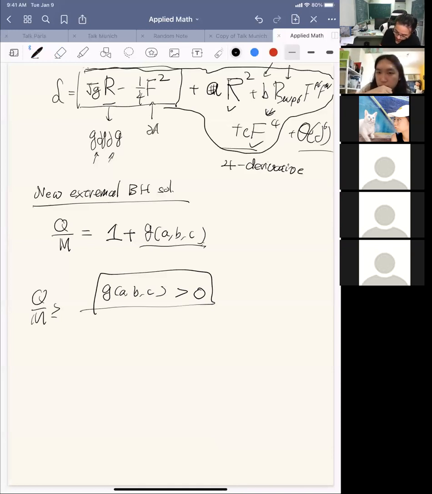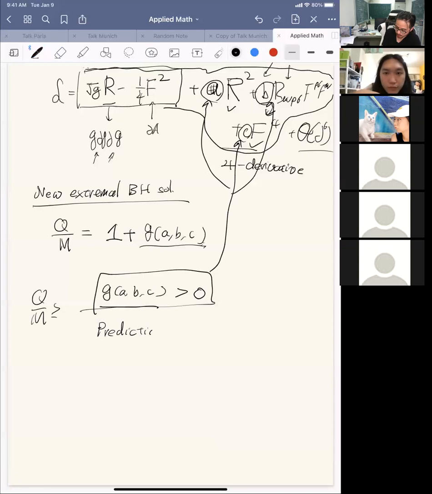Therefore, this gives a prediction: whatever quantum theory you have, the leading 4 derivative corrections must have A, B, C in such a way that the extremal black hole charge to mass ratio is 1 plus G(A,B,C), where G is bigger than 0. This is a prediction of quantum gravity, or not of a particular quantum gravity model, but of the fact that quantum gravity actually exists.